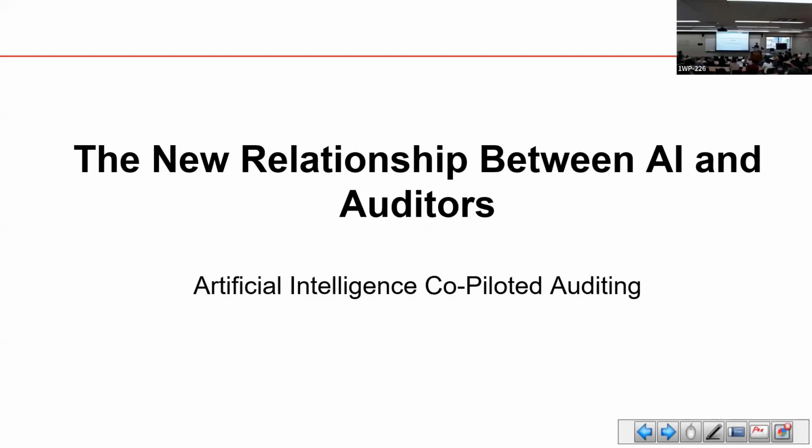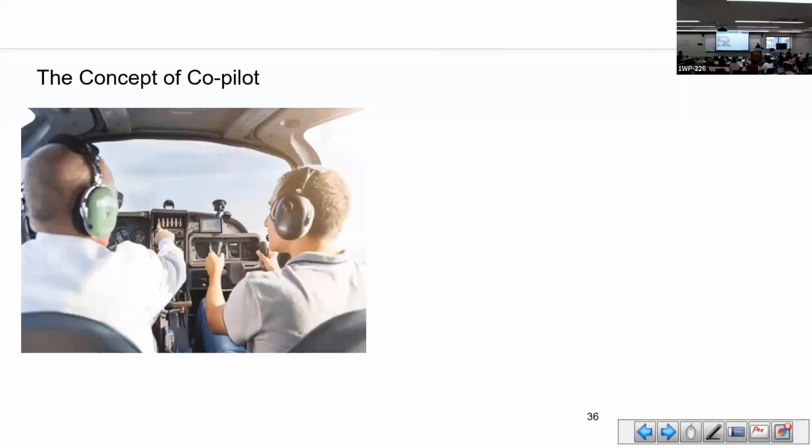The first one is about how people study the new relationship between AI and auditors. We want to introduce it based on this paper called Artificial Intelligence Copilot Auditing. I wrote this paper with Professor McLeod and some other authors. So we all know the concept of copilot comes from the aviation industry, right?